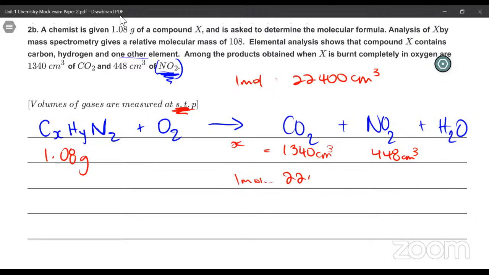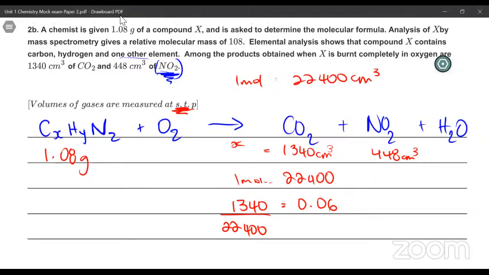Cross multiply, you'll find that you would say 1,340 cm³ divided by 22,400, and that would be 0.06. I rounded up, by the way.